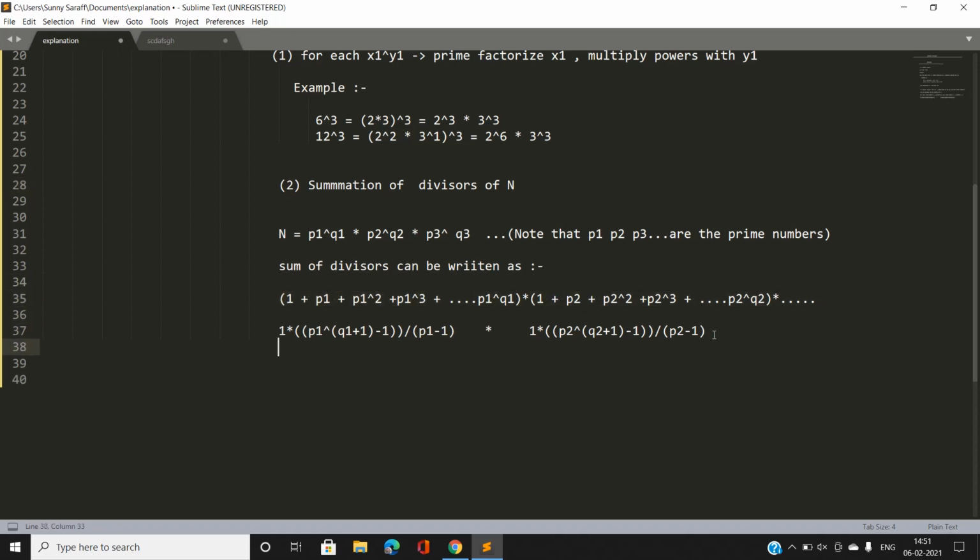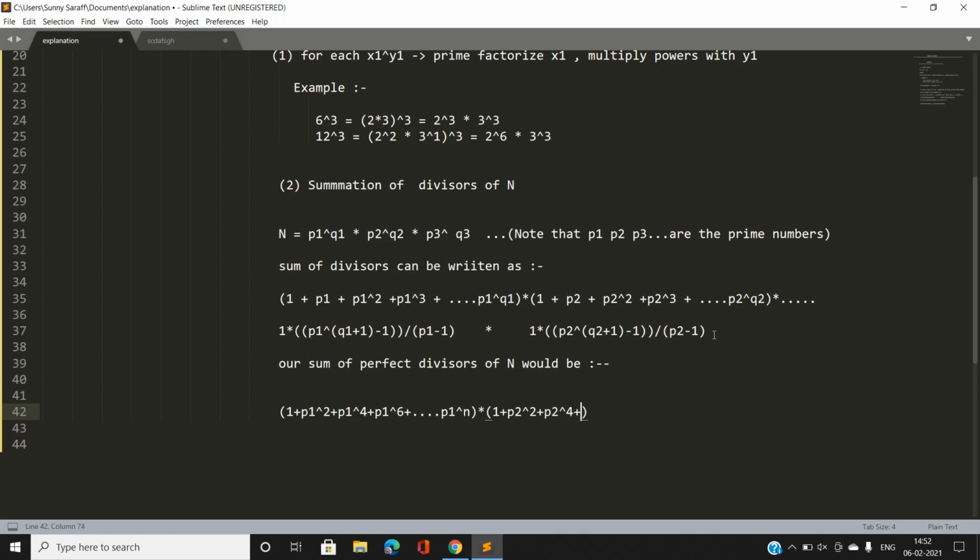So what would our sum of perfect divisors of n be? The sum of perfect divisors of n would be 1 plus p1 square plus p1 power 4 plus p1 power 6 plus up to p1 power something, say power n, where n is less than or equal to q1, and multiplied by, similarly, 1 plus p2 square plus p2 power 4.